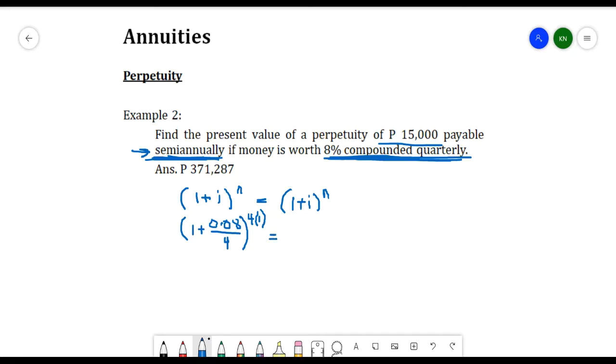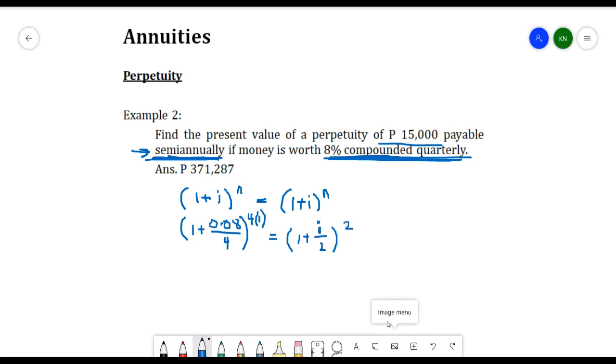And on this side, since we are talking about semi-annual, we need to divide our unknown interest by 2, since we don't know the interest at semi-annual, and we need to multiply our number of payments by 2.